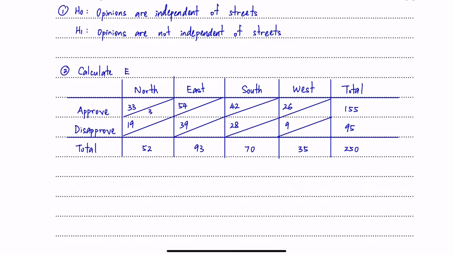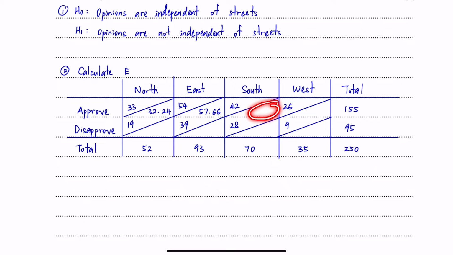So I would get 32.24. And for this e-value, I would take 155 times 93 divided by 250. And this would give me 57.66.